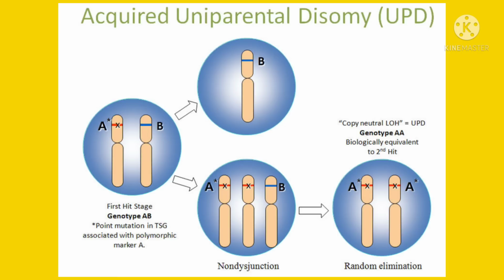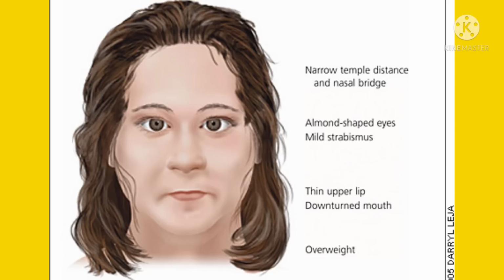Several genetic disorders can result from UPD or a disruption of normal genomic imprinting. The most well-known conditions include Prader-Willi syndrome, which is characterized by uncontrolled eating and obesity, and Angelman syndrome, which causes intellectual disability and impaired speech.